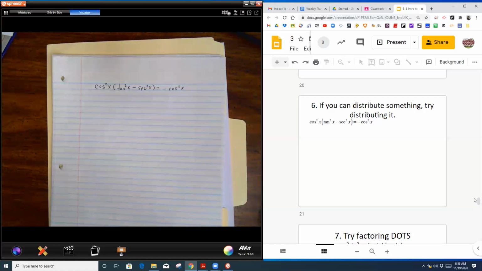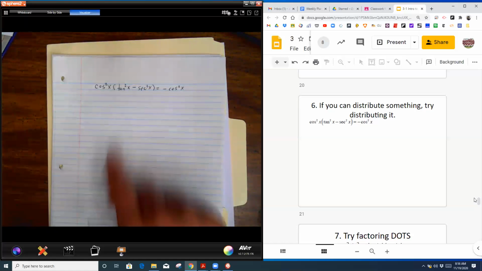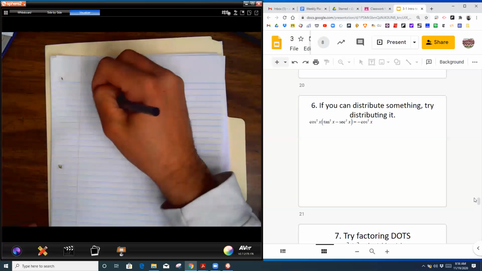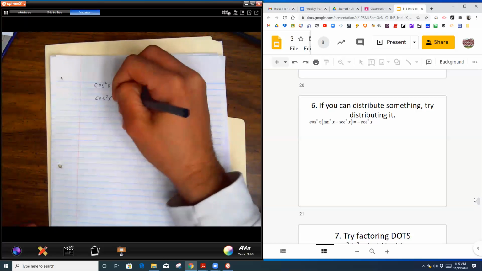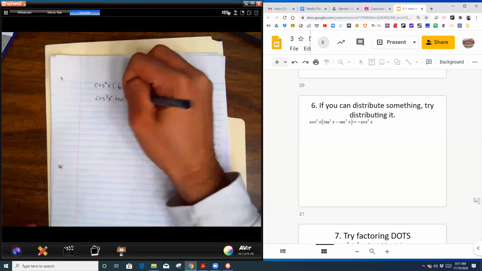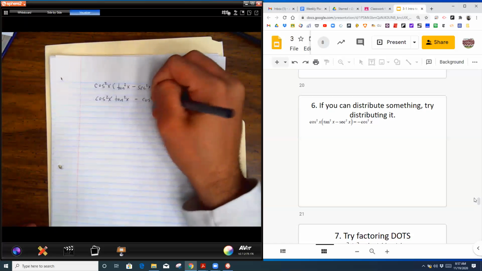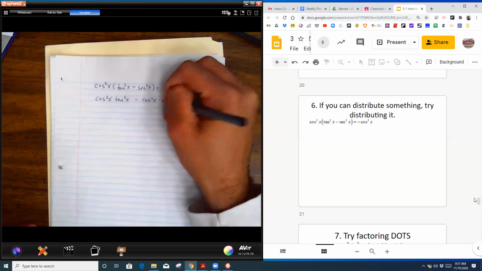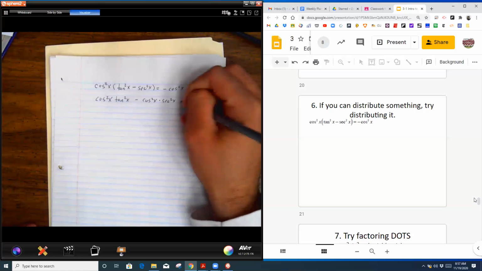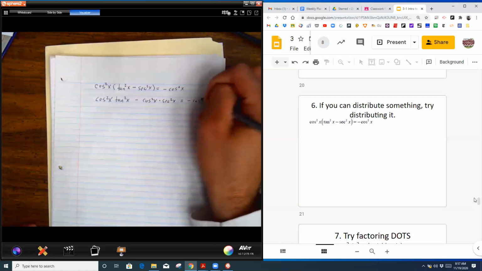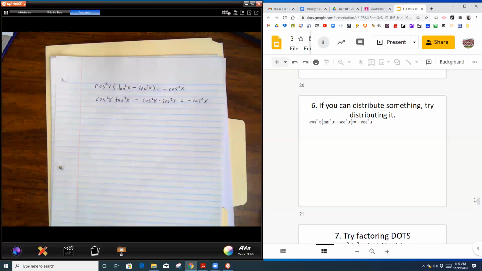So I'm going to distribute the cosine squared on the left to start. So I get cosine squared times tangent squared minus cosine squared times secant squared. And that should all equal negative cosine squared of x. Now, you don't really have to keep writing out the right side if we're only manipulating the left side, but it doesn't hurt.